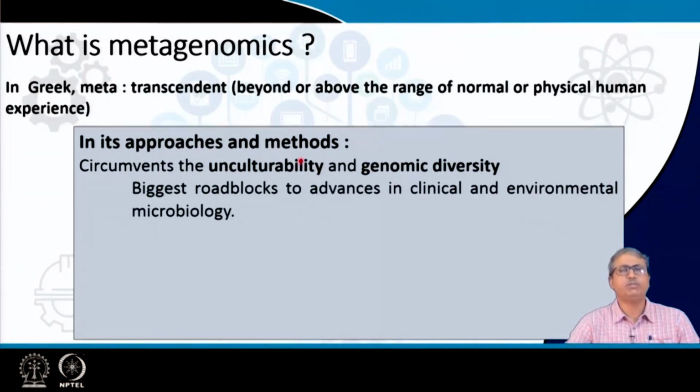Now, these two aspects, the unculturability and genomic diversity, were considered to be the largest roadblocks to advances in clinical and environmental microbiology, because all our processes, all our diagnostic and treatment systems, our ability to control the process, etc., relied for a long period of time on certain type strains or reference organisms.